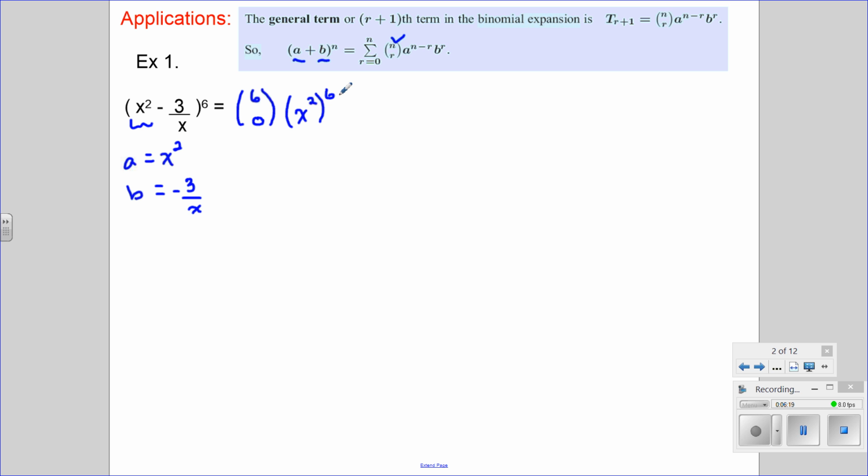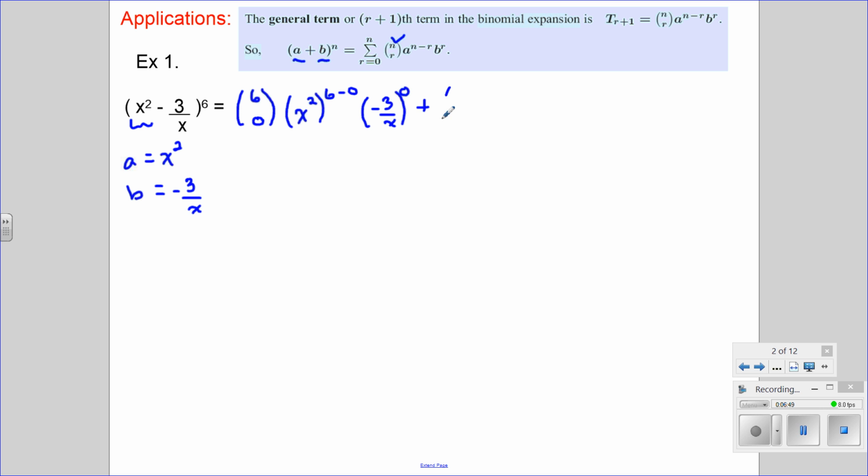Our next term is b, so we've got negative 3 divided by x, and we're raising that to whatever position we're on at the moment, so 0 is our r value. Again, our a value always starts with n, and our b value always starts at 0. Now we'll progressively follow the pattern as we go.